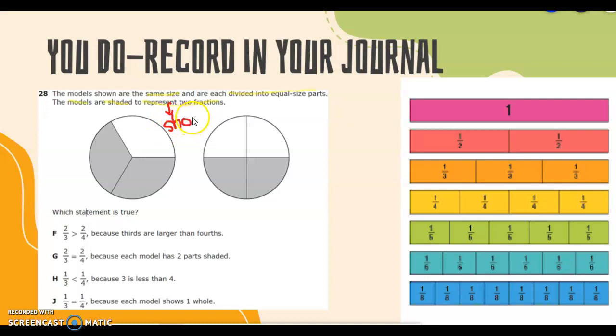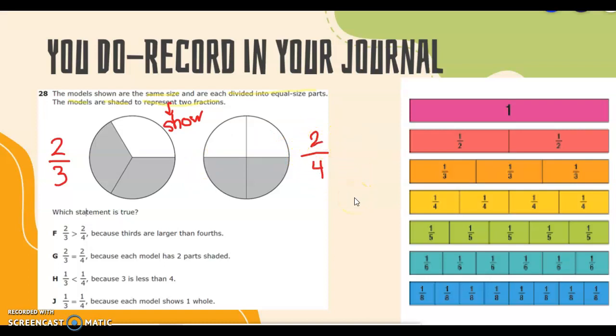So it's showing me two fractions that are divided into equal parts. They are divided differently though. I have one that is divided into thirds with two of the thirds shaded, and I have one that is divided into fourths where two are shaded.